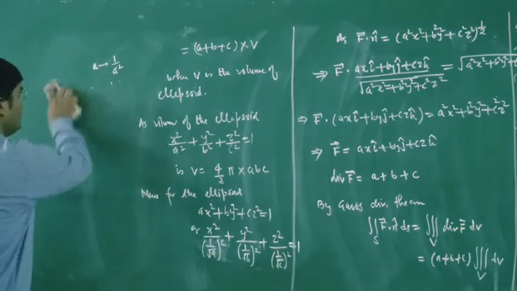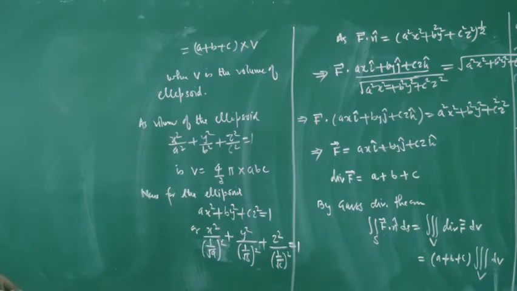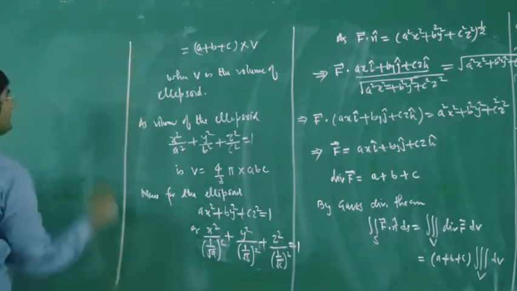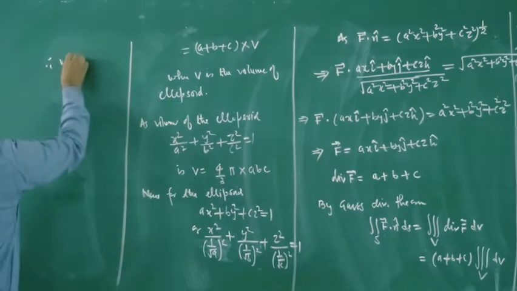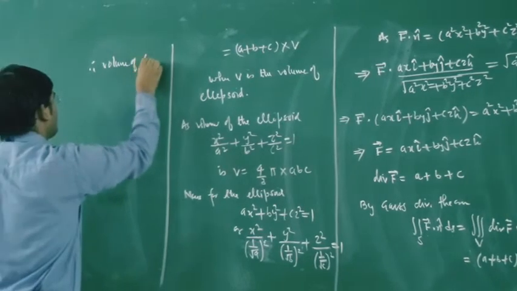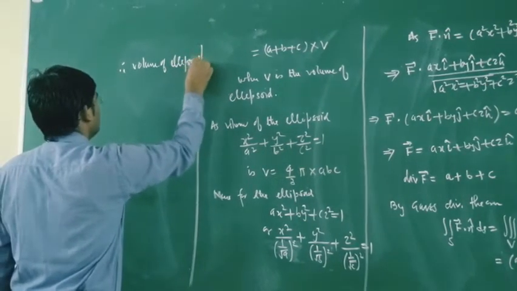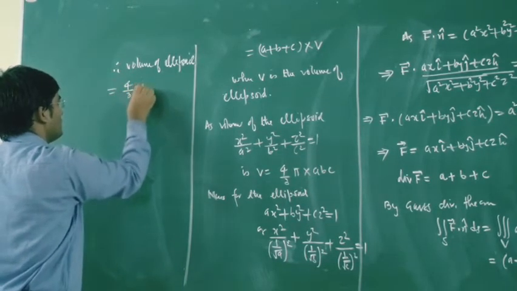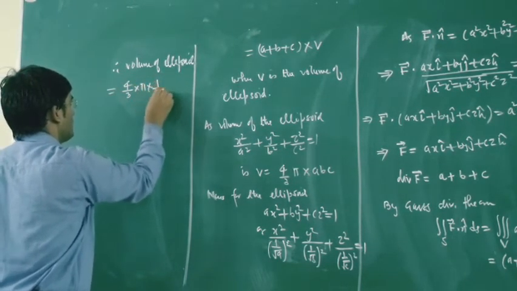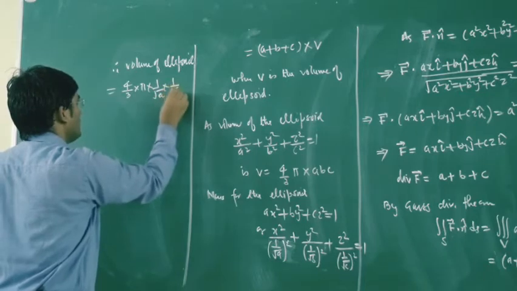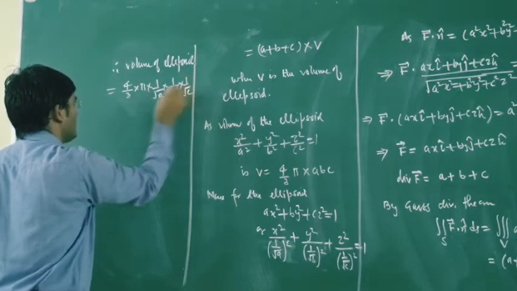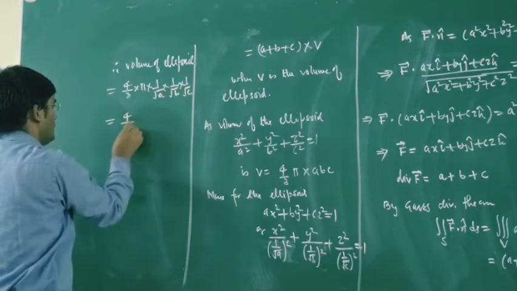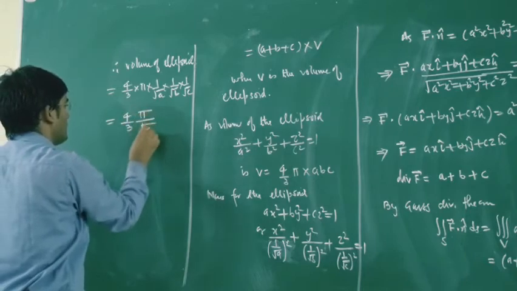So the volume of this ellipsoid will be, therefore, volume of ellipsoid is equal to 4 upon 3 into pi into 1 upon root a into 1 upon root b into 1 upon root c. So this is equal to 4 by 3 pi upon square root of abc.